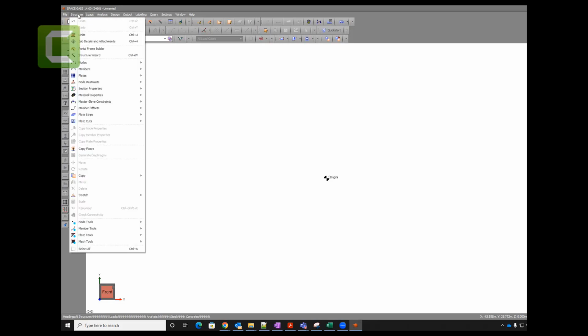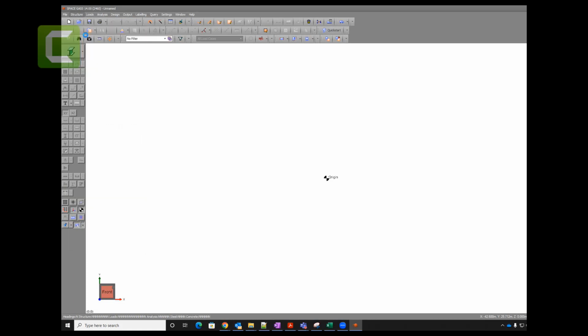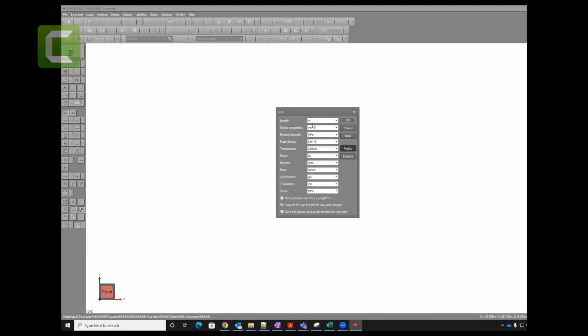Just follow the instructions. I will show you some instructions here. This is the new button. If you want a unit somewhere, go to Structure and put the unit: length in millimeters, section property in millimeters, material strength in megapascals, density here.